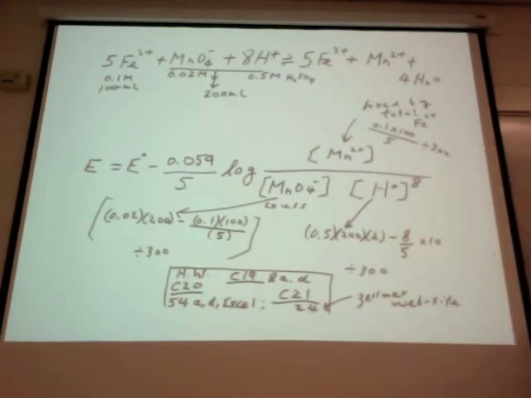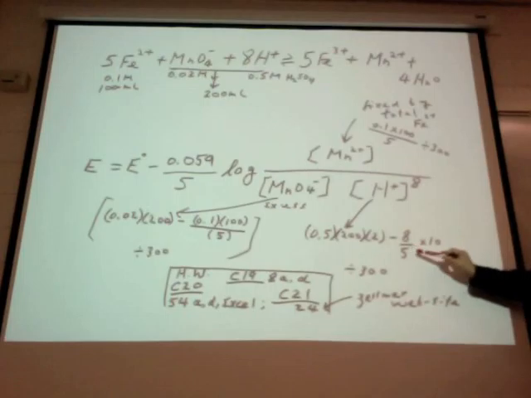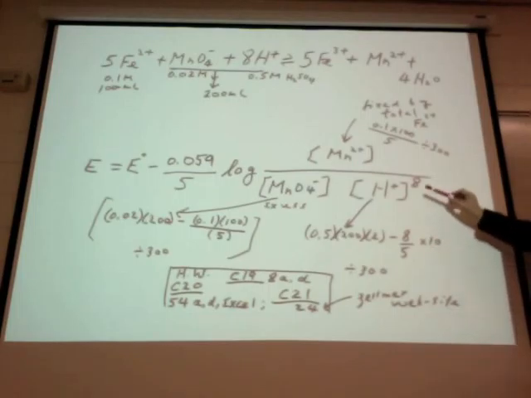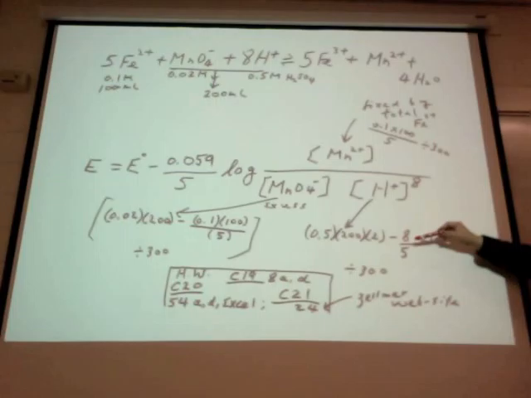Divided by 300 again. Continue with that, and you will get your answer for beyond the end point. This just demonstrates the trickiness behind all these calculations.